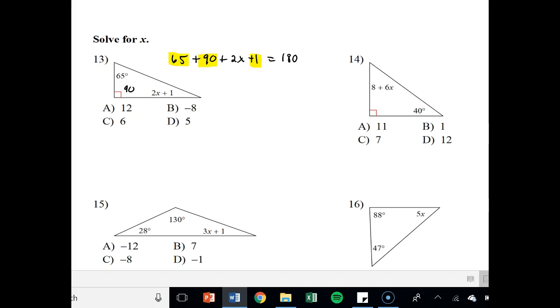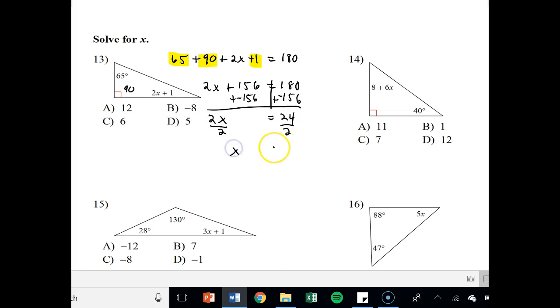When you add those together, you get 2x plus 156 equals 180. You then solve a two-step equation. So adding negative 156 to both sides, you get 2x is equal to 24. And then you simply divide by 2. So x is equal to 12.